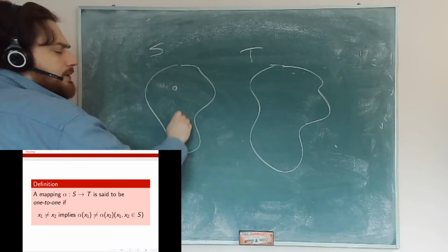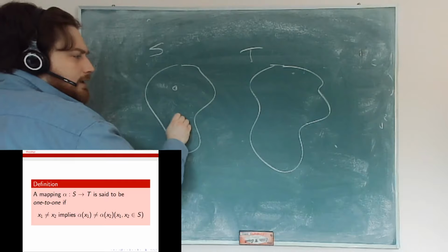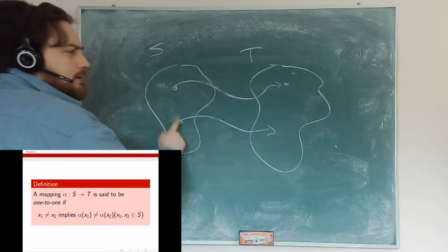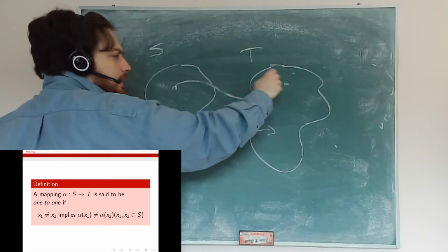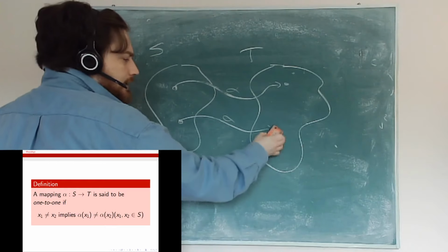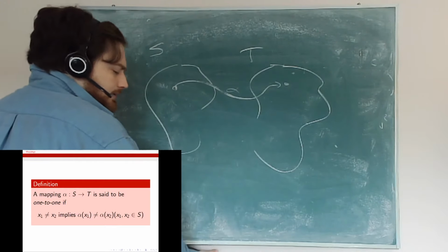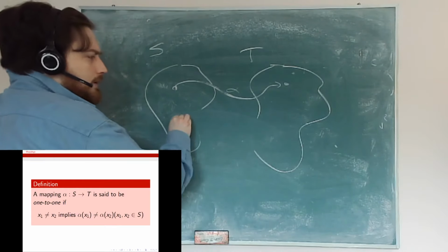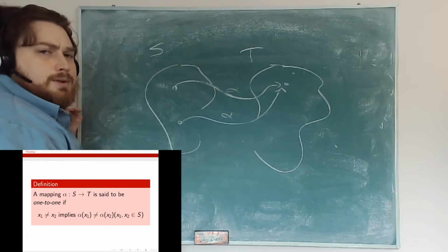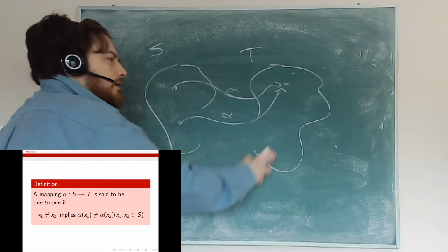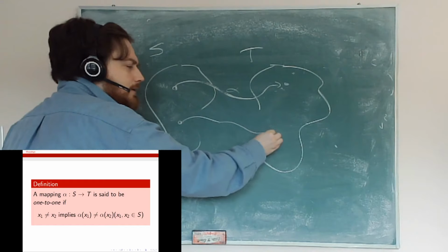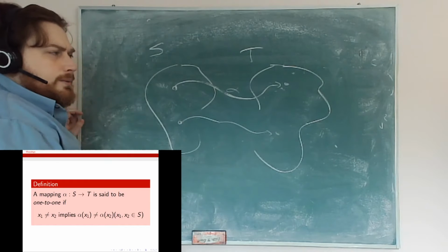If I start off with two different points, I have to end up at two different points. So this is not equal to this, and under alpha they each get mapped to their own spot. So what we're really saying is that we can't have this picture. If we ever have two different points going to the same point under alpha, this would not be one-to-one. But if it's always the case that I end up at two different spots when I start at two different spots, I would be one-to-one.